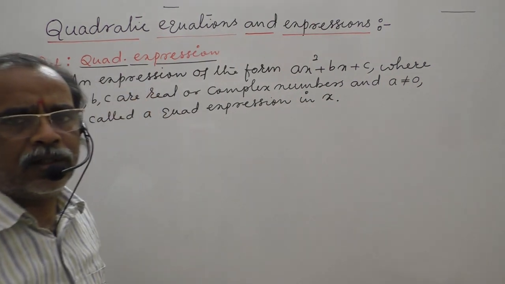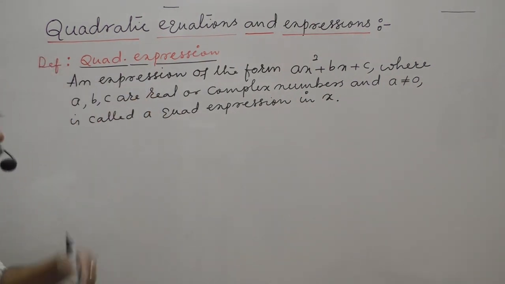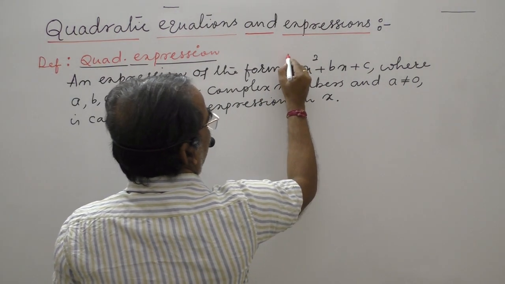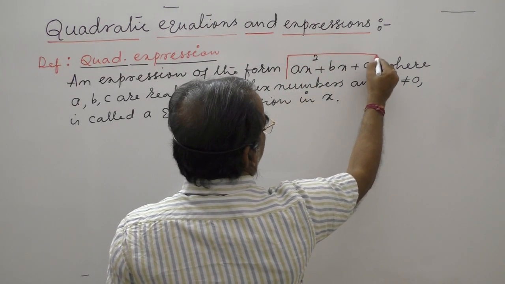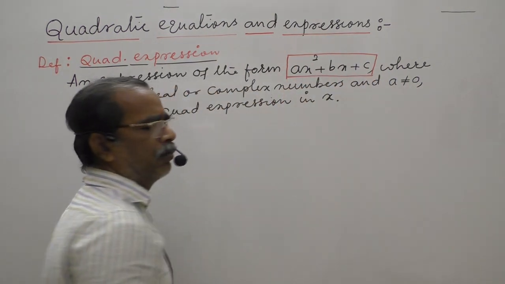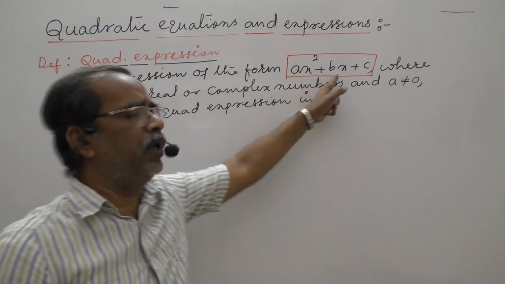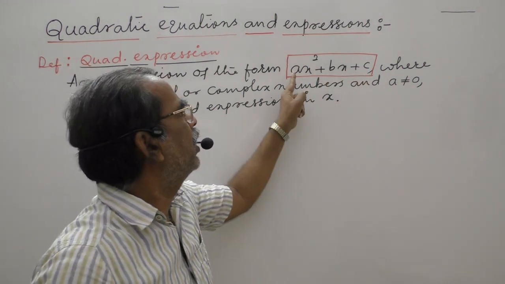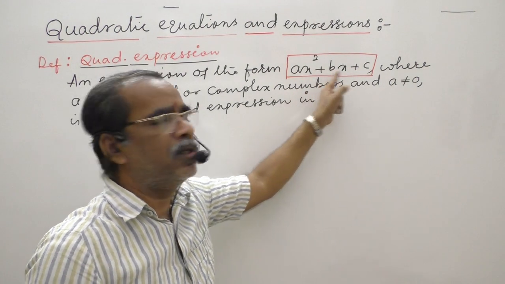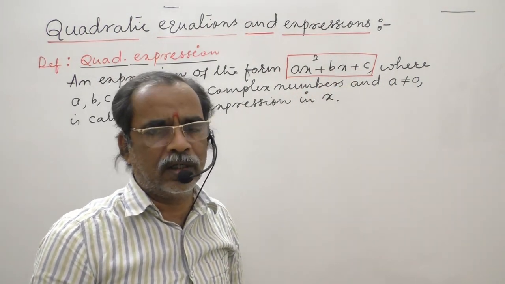This is the definition. Once again, what is a quadratic expression? An expression of the form ax square plus bx plus c, where x is the variable and a, b, c are coefficients, constants.